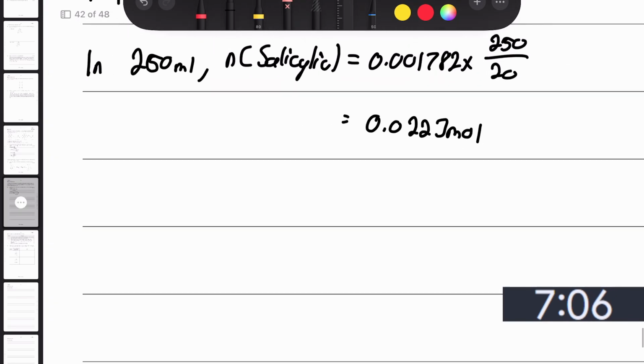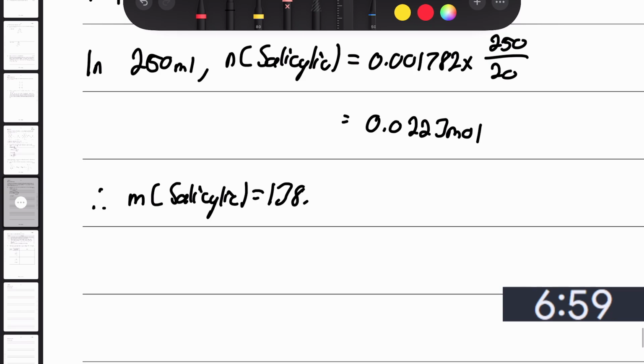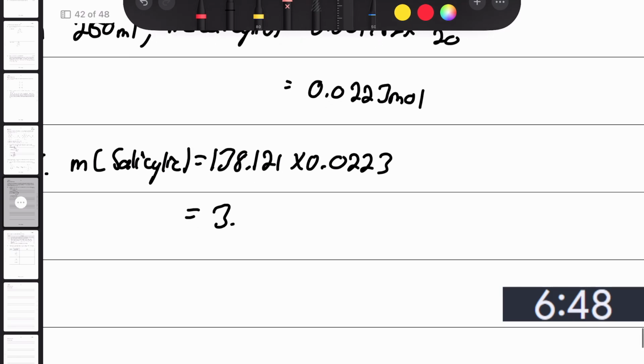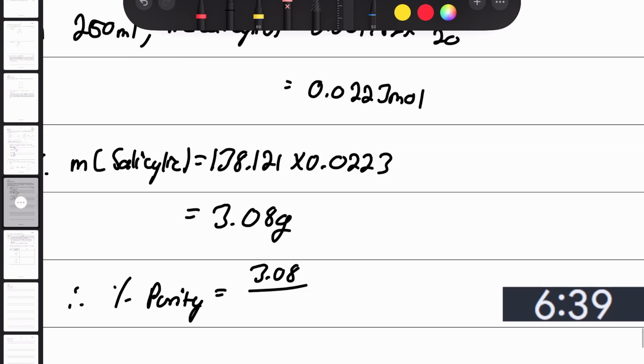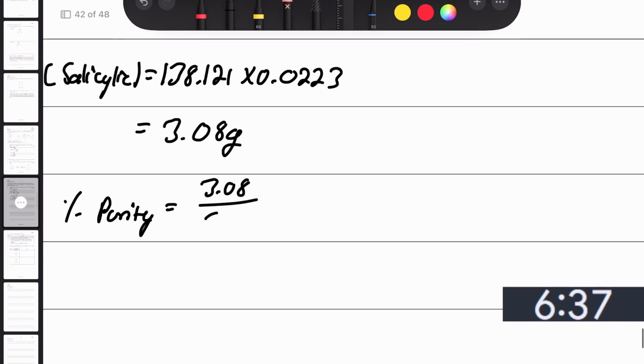Now the mass of salicylic is equal to 138.121 times 0.0223, which is 3.08 grams. Therefore, percentage purity is 3.08 over 3.55 times 100.